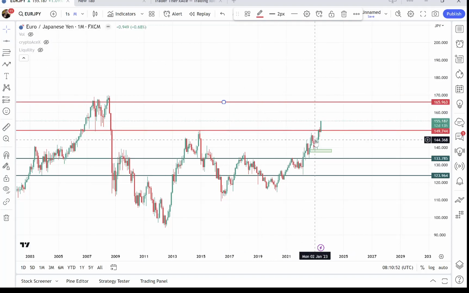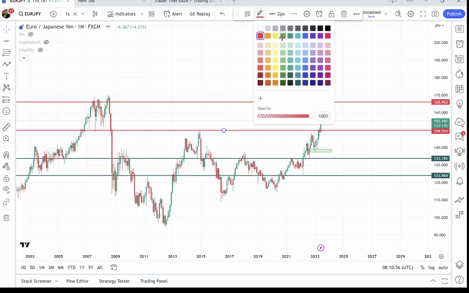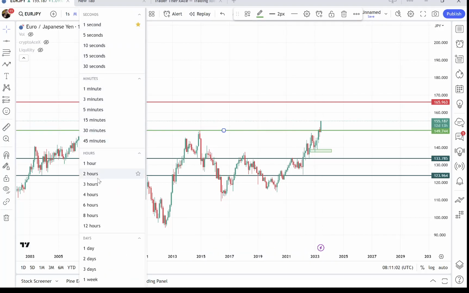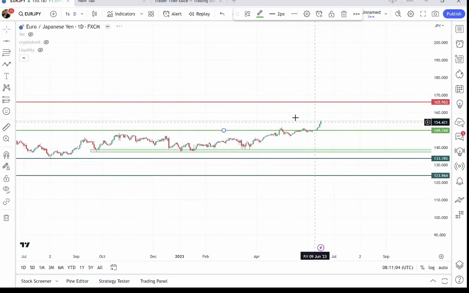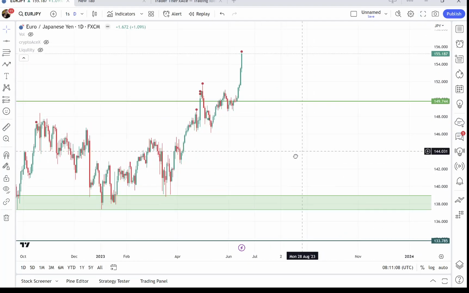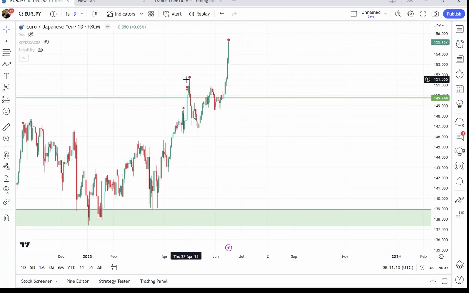Normally when you do get the breakout of a strong support area, resistance area, that what this was, you'll get a pullback, especially after a big 4% move in a week. We are going to see a pullback. And again, it's likely to be towards this high here.